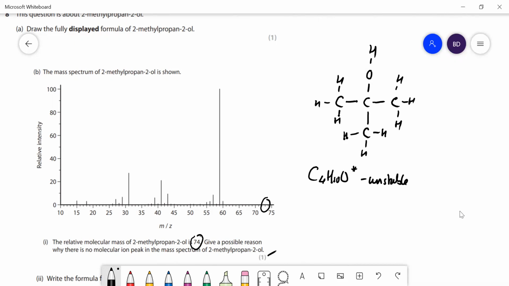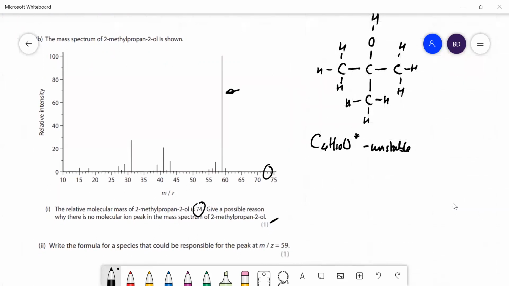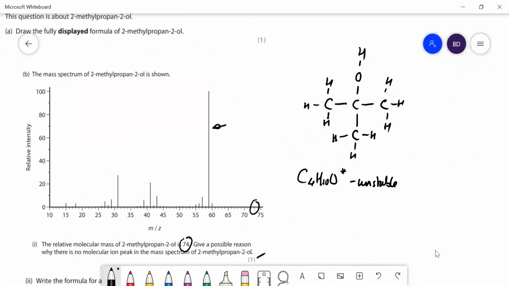Now it's going to probably ask us what is the likely identity of that big peak we're seeing there at 59. Yeah, I think it does. Write a formula of the species that could be responsible for the big peak at 59. Right, so there's obviously some kind of fragmentation. The whole thing weighs 74. Let's say if a methyl drops off, that weighs 15.